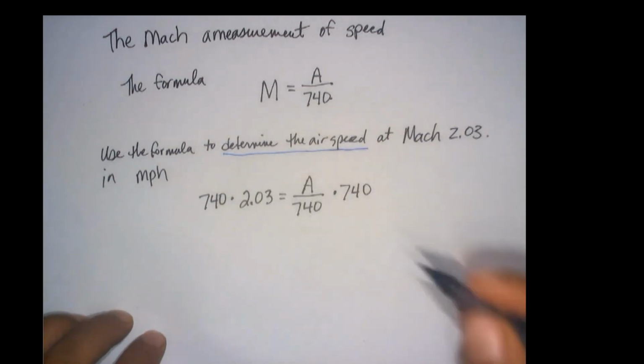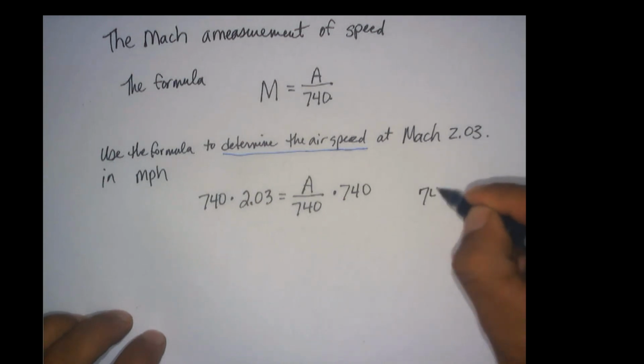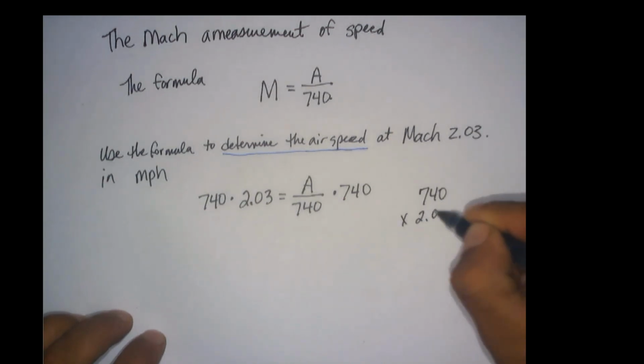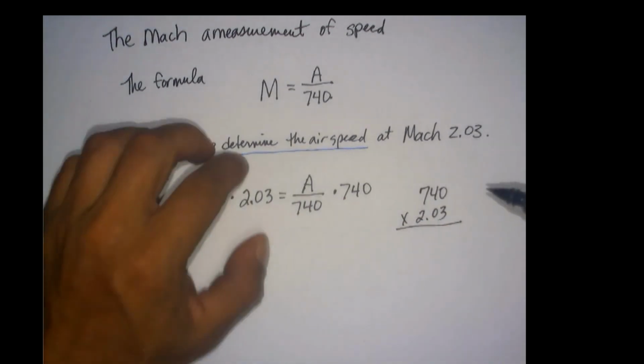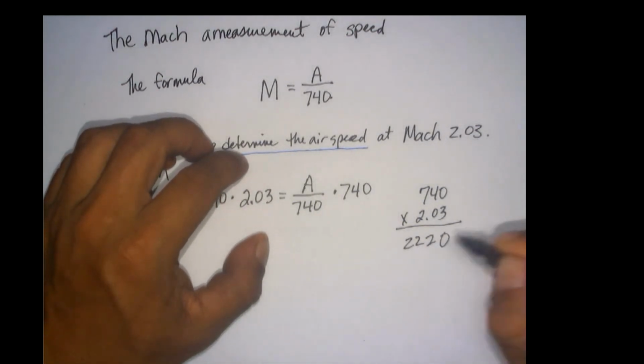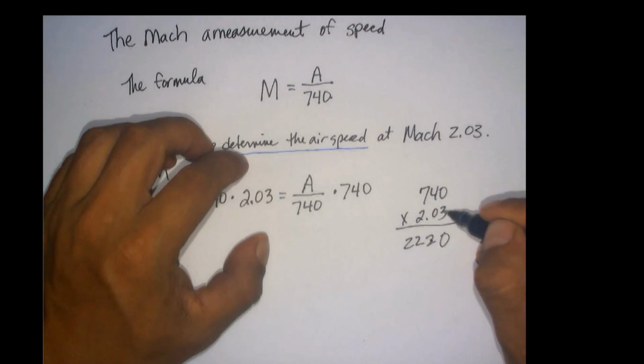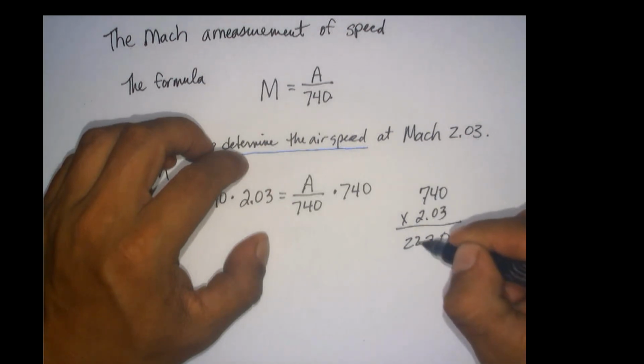All right. And I'm going to set this up as 740 times 2.03. Okay. So when we multiply this out, we get a 0 carried down. That's going to be 22, right? 3 times 4 is 12. Carry a 1. 3 times 7 is 21, plus 1 is 22.